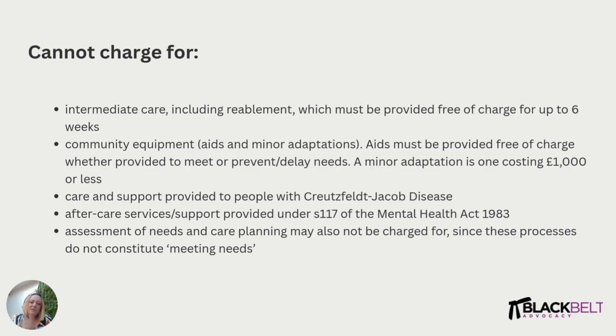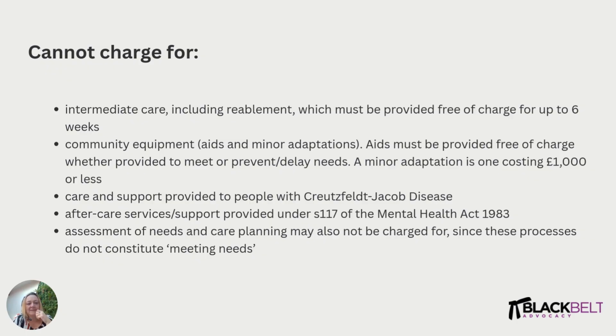Any kind of community equipment, so like minor aids or a minor adaptation, anything costing under £1,000. I think the thinking is it'll cost more to go through the assessment and the planning process and the financial assessment, doing all that is going to cost more than £1,000 just to arrange for that adaptation. A good example of this is handrails.